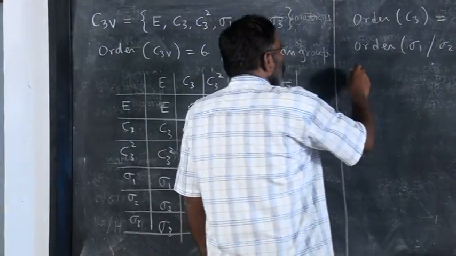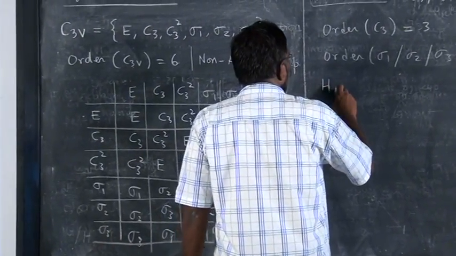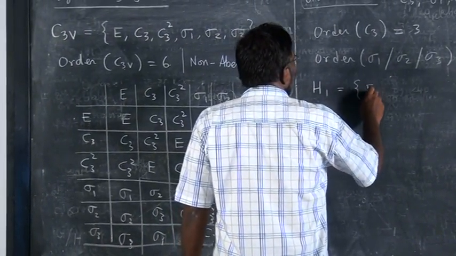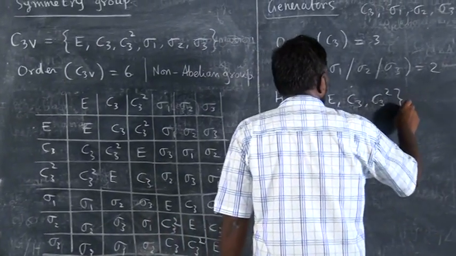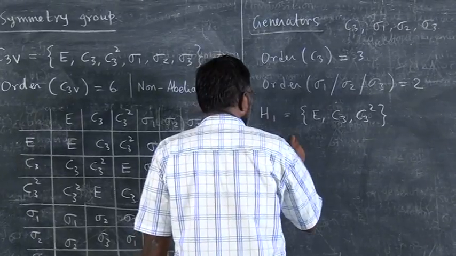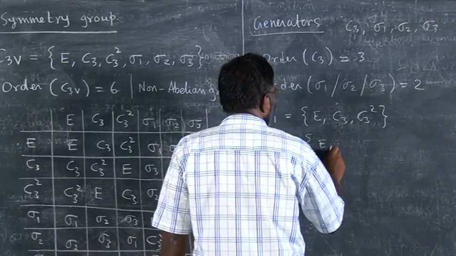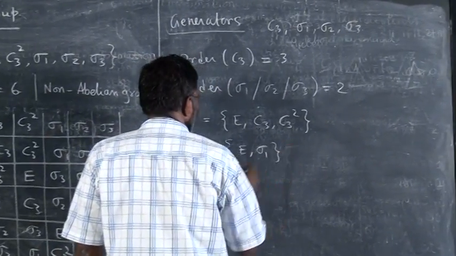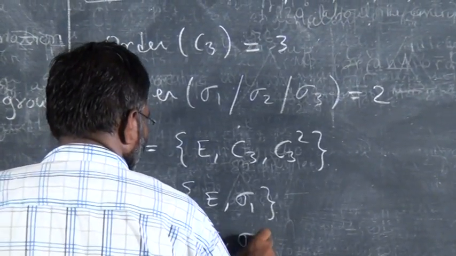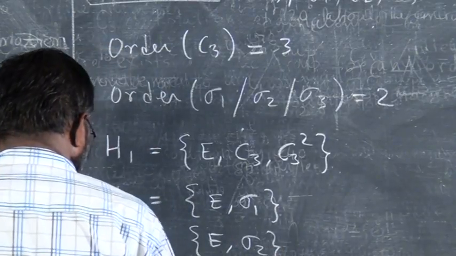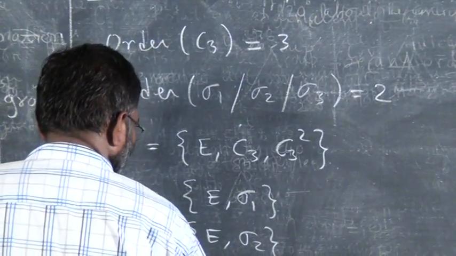So we have one subgroup H1 equal to E, C3, C3 square. H2 is equal to E, sigma 1. H3 is equal to E, sigma 2, and H4 is equal to E, sigma 3.